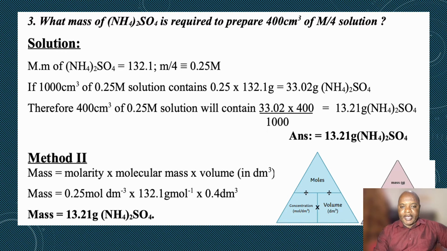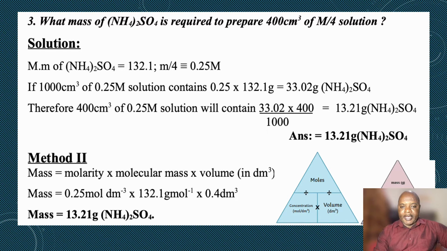Then 0.4 dm cube. We want to have the number of moles. So now 0.4 dm cube times the molarity. The molarity is 0.25 because it is 1/4 molar. 0.4 times 0.25, we will have 0.1. Then 0.1 will be the number of moles.